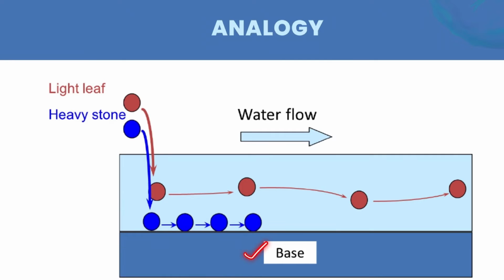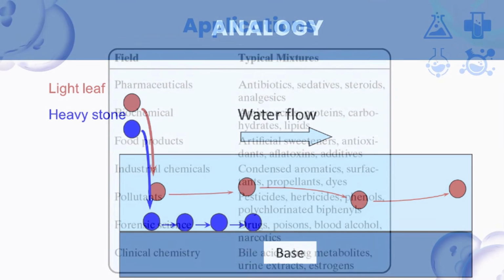On the basis of interaction with the mobile phase or stationary phase, the things got separated from one another and we can detect them separately through different types of detectors. So this is the basic analogy of the chromatography technique.